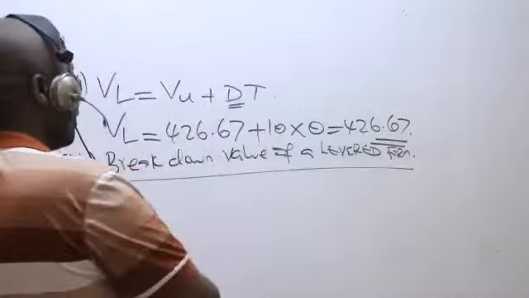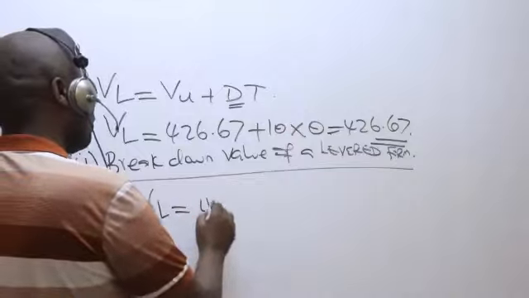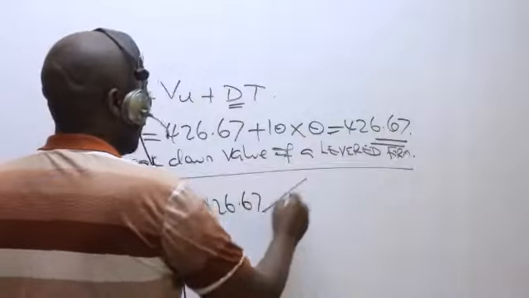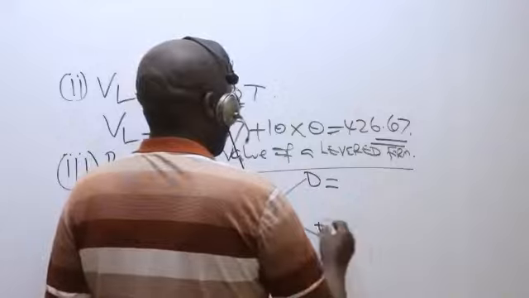That's what you do. So you come and write here value of a levered firm equals 426.67. You break it down, you say debt equals who and equity equals who.